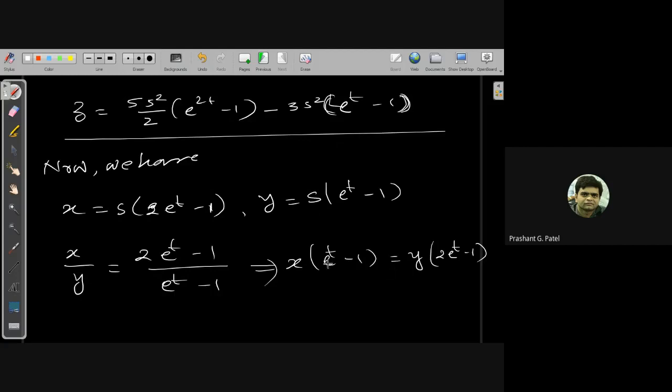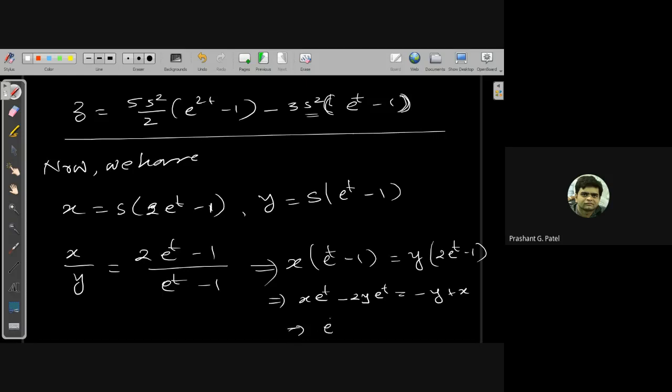So what will be the value of e power t? If I get the value of e power t and s, then we are through. We can substitute that value there and we get the equation. So that will lead to x e power t minus 2y e power t equal to minus y plus x.